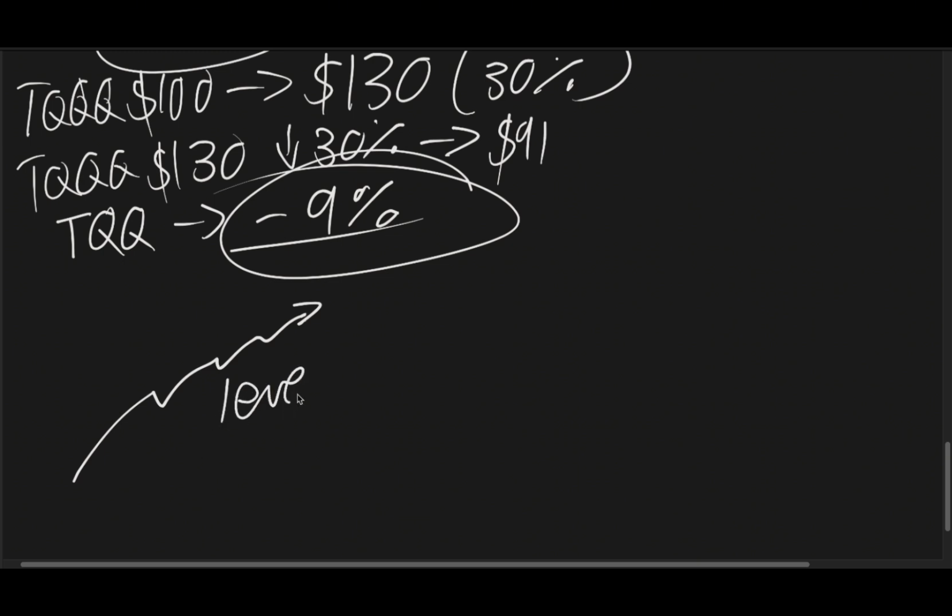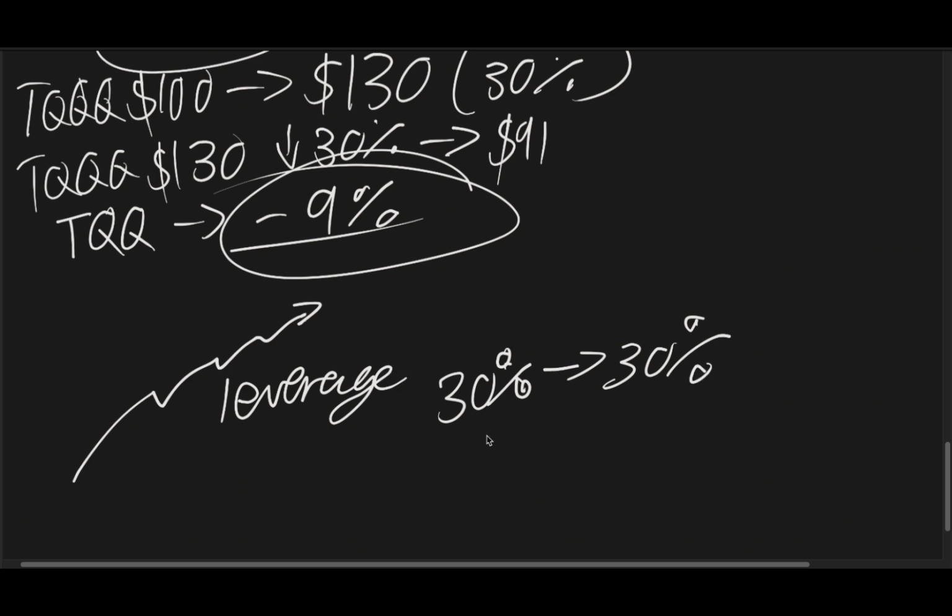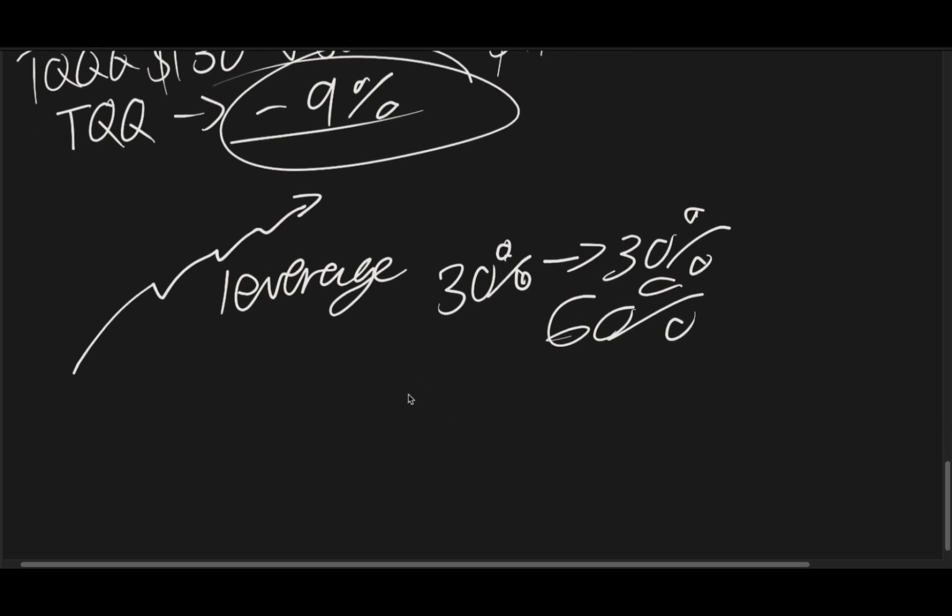Your leverage is better because if you have 30% returns on one day and then you add another 30%, it's not just going to become 60% returns. It's going to have a compounding effect. As you can see, we can try an example. Let's say it goes to 100, then 30%, it goes to 130, then another 30%.